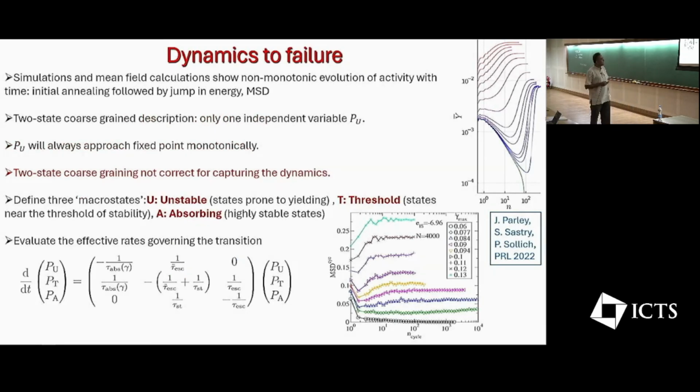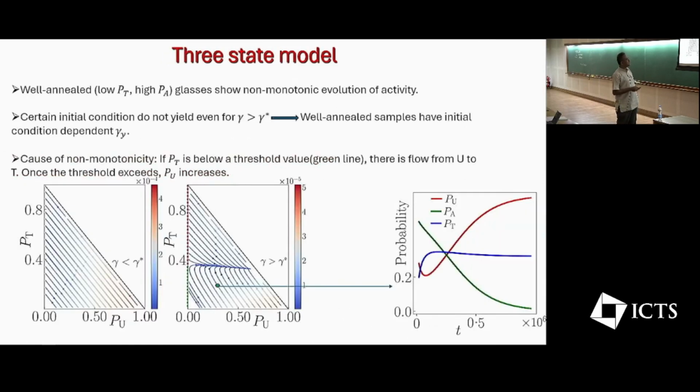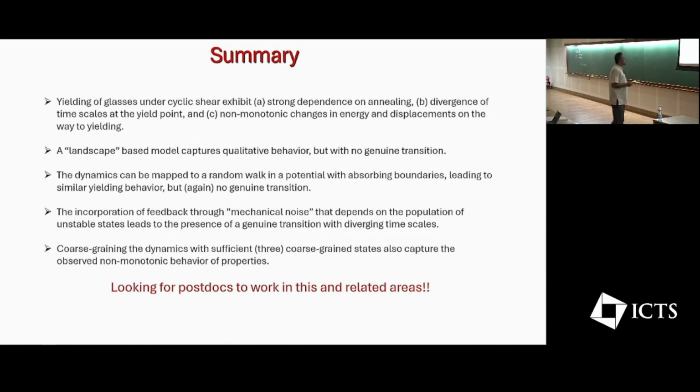And finally, one can also look at a certain way of coarse-graining dynamics, which successfully captures the non-monotonic behavior that one observes. I will stop here. Here's a quick summary, and I'll be happy to take any questions.